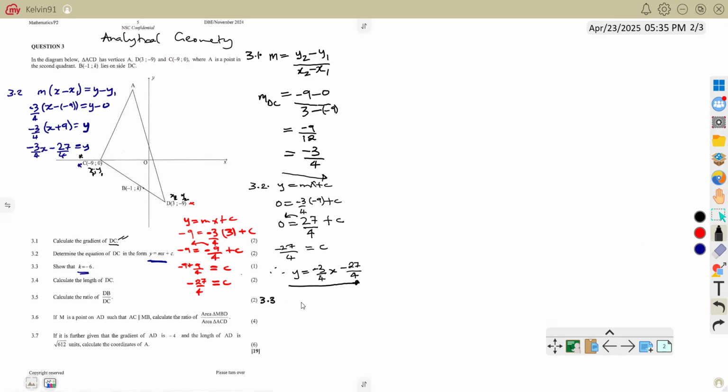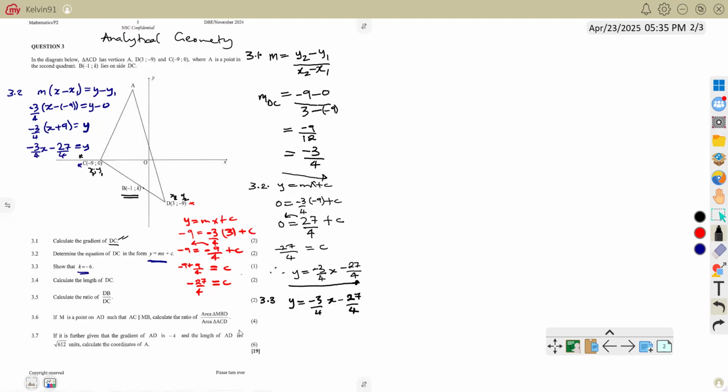So our equation in this case is y equal to -3/4 x minus 27 over 4. But we have the coordinates of B where we are having K. Here are the coordinates of B where we are having our K. So come and substitute them in the equation here.